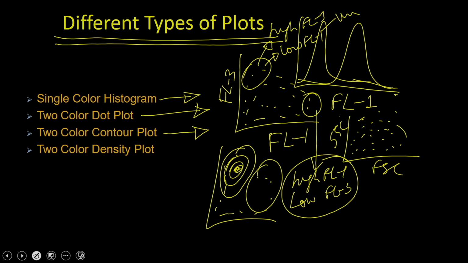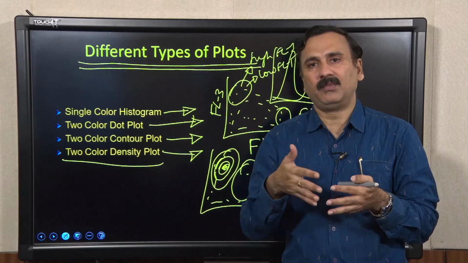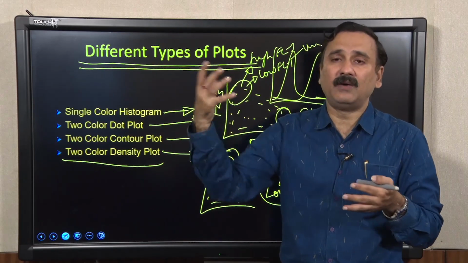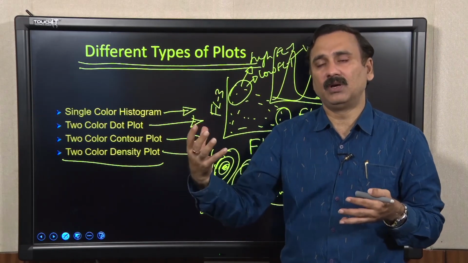Then you can have the two color density plots. The density plot is also like the two color dot plot, and it is similar to the contour plot, but it shows you the density of that particular sample in that particular region.